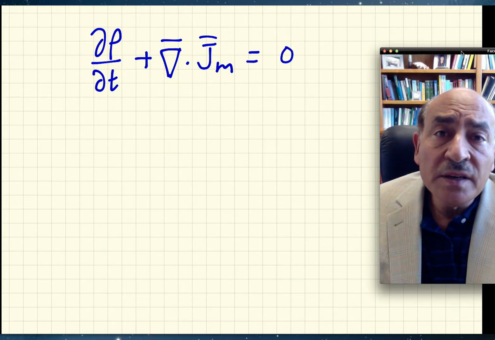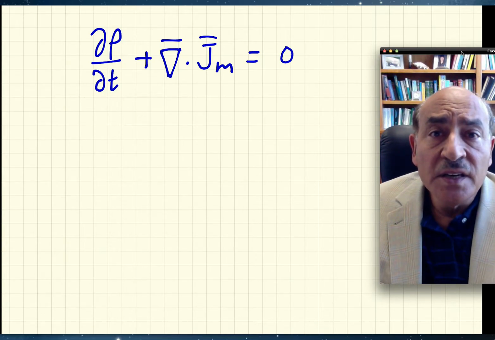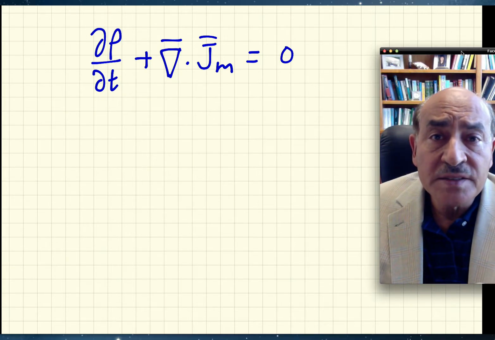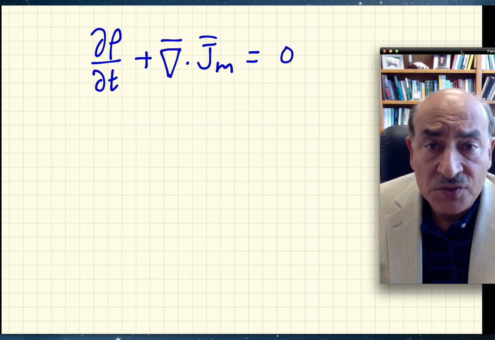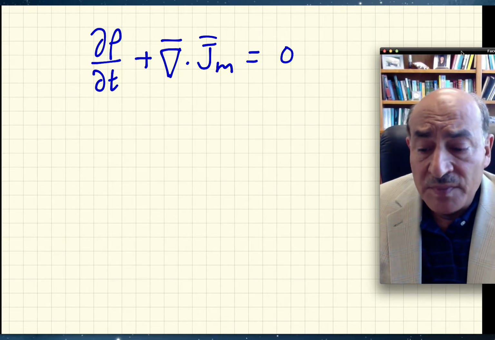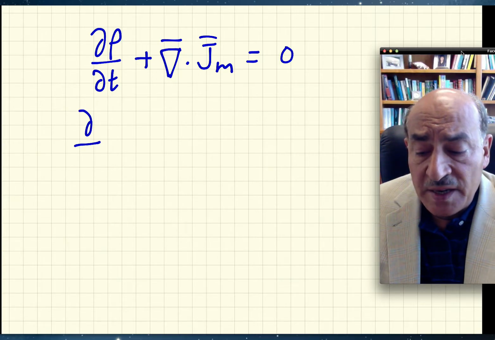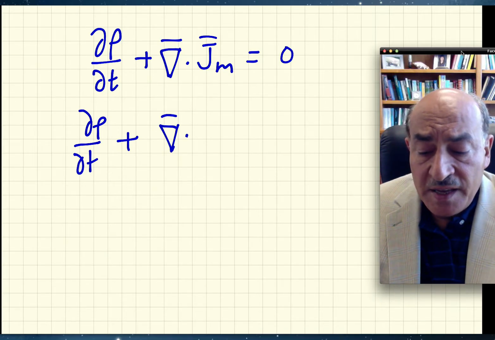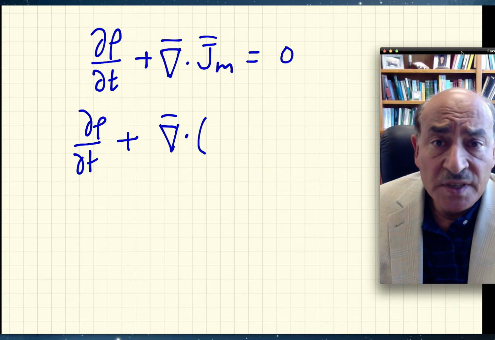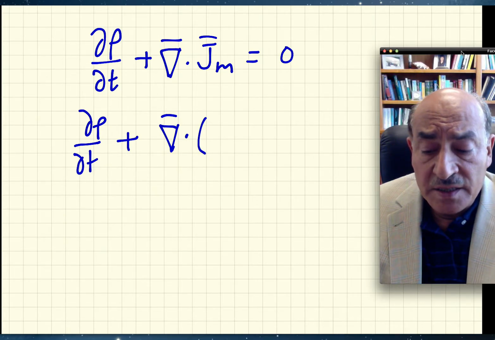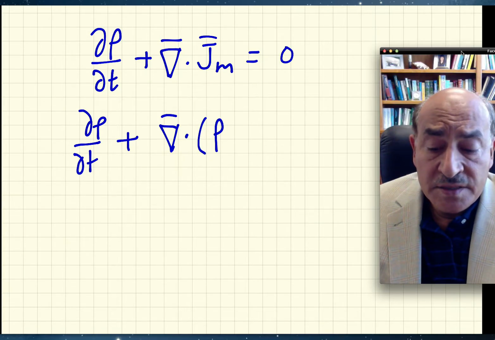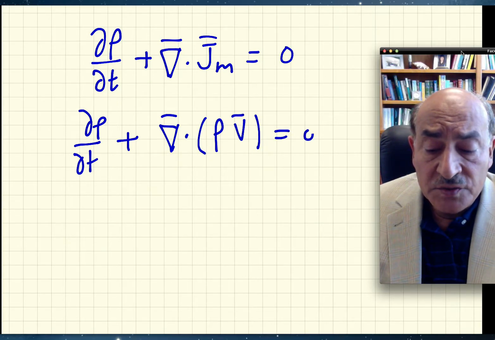And then I have to express what Jm is. This is a drift flux, and the drift flux is proportional to the velocity. Now I don't have species, so the total system just has a velocity v. So I can now write d rho by dt plus the divergence of J, which now has two terms: one term is the density, and the other term is the velocity, and that should be equal to 0.